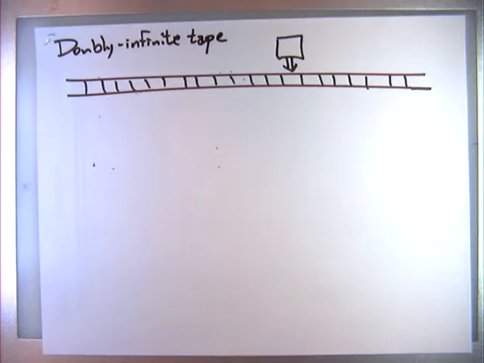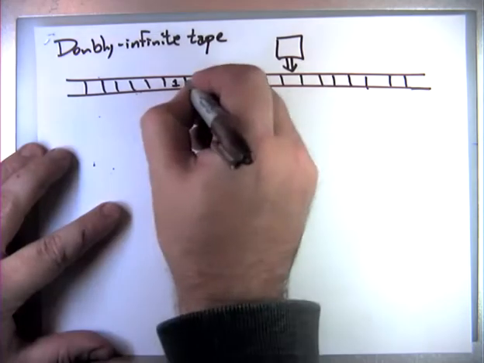Okay, so the standard definition of a Turing machine says that the tape is essentially a string that's infinite in one direction. And a finite number of characters on that tape are not blanks. So there's an infinite sequence of blanks going off into wherever.